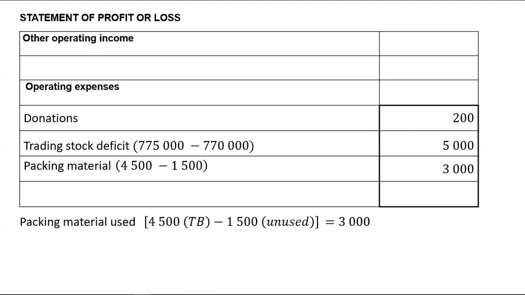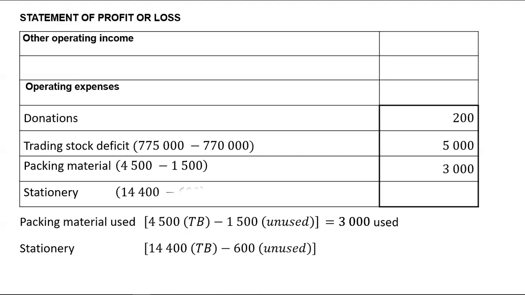Lastly, it will be stationery, and you simply will take what we have in the trial balance and you simply subtract what has not been used, and you'll be left with what is being used, which is 13,800. And that is your expense.